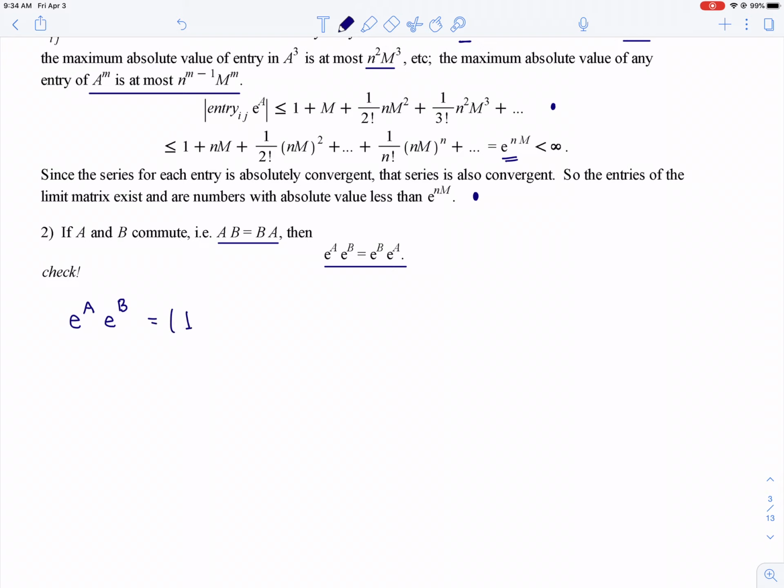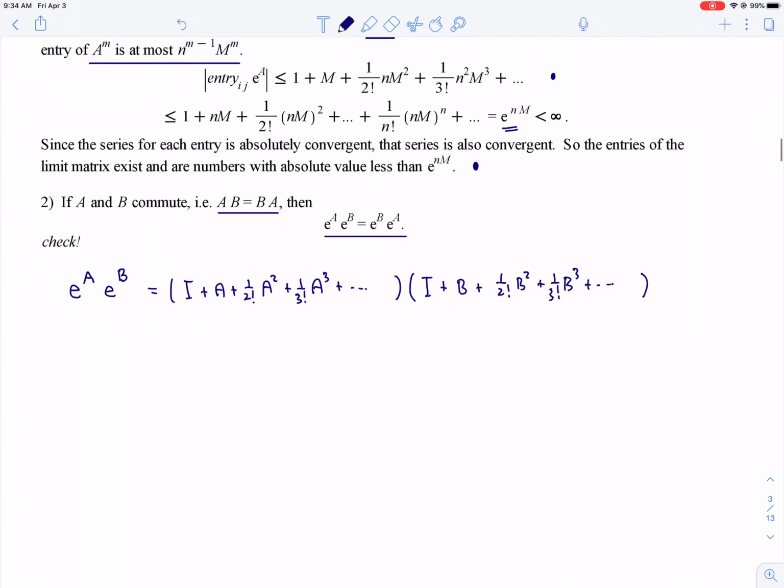So that's the identity plus A plus 1 over 2 factorial A squared, plus 1 over 3 factorial A cubed, and so on, times the identity plus B plus 1 over 2 factorial B squared plus 1 over 3 factorial B cubed, and so on.